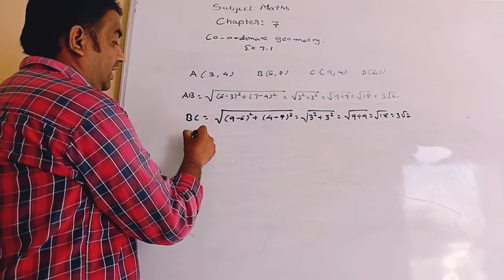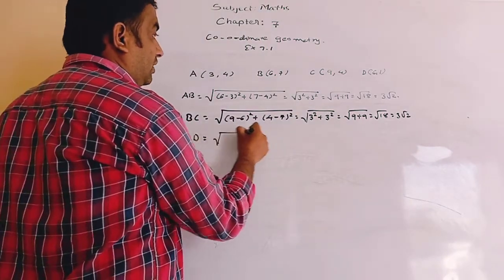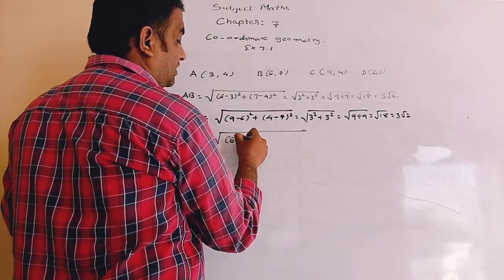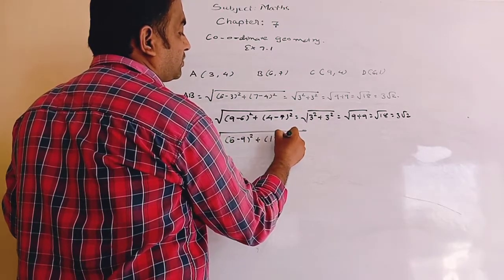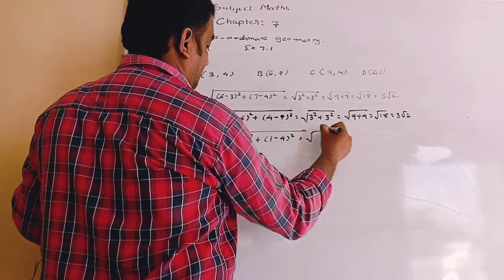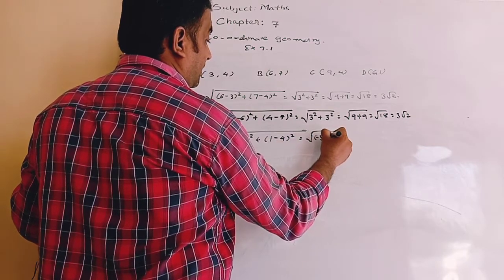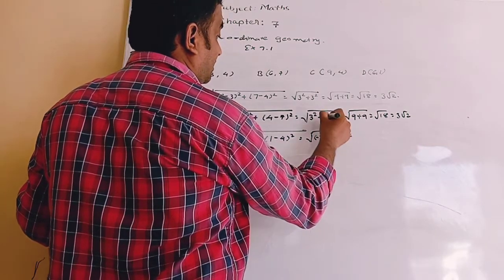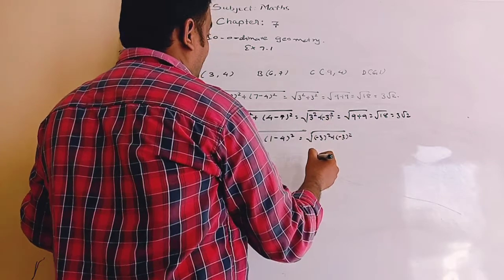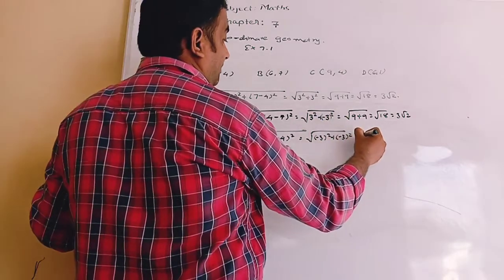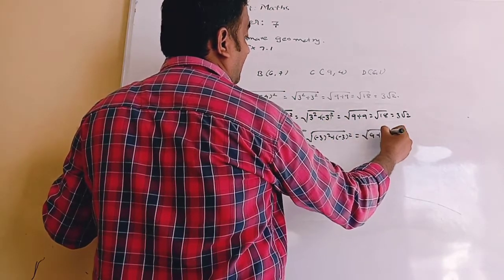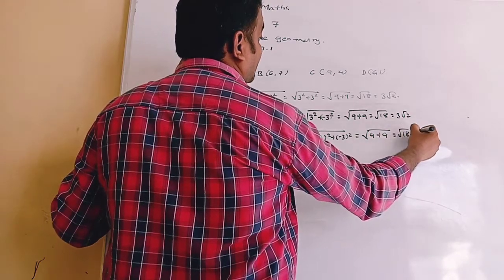Now CD distance we can find: (6 minus 9) square plus (1 minus 4) square, so again it is minus 3 square plus minus 3 square, 9 plus 9, root 18, it is 3 root 2.